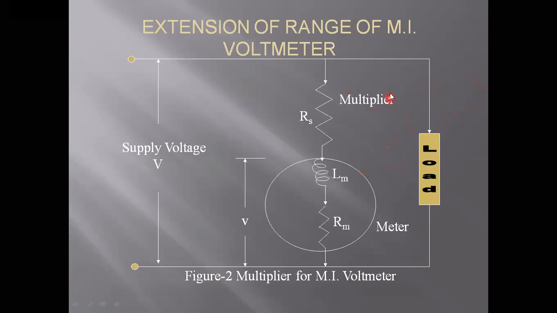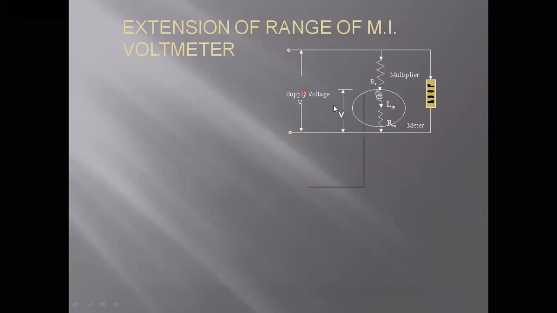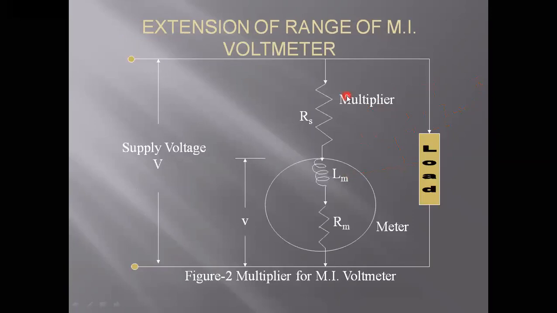Coming to the extension of range of MI voltmeters. For MI voltmeters, again, as we have already discussed, the inductance of the multiplier should be negligible. We are not drawing or showing inductance of the multiplier, unlike the shunt for extension of ammeters.